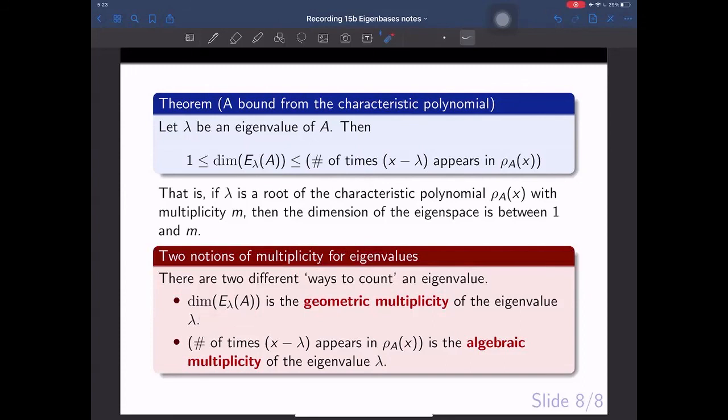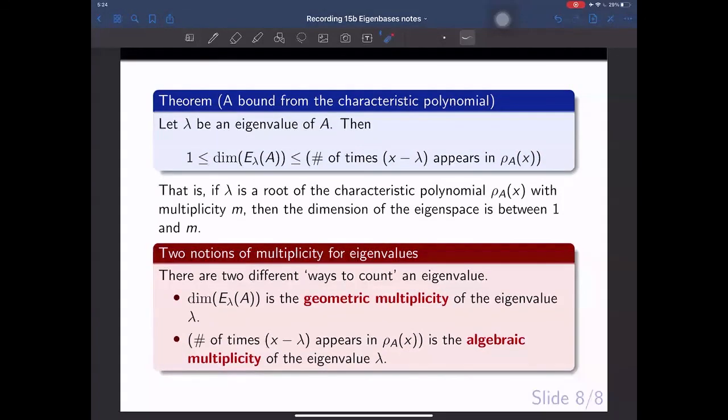We can also count eigenvalues by counting how many times x minus lambda appears in the characteristic polynomial. And this number is called the algebraic multiplicity. The connection between the two, the geometric multiplicity and algebraic multiplicity, is given here. So the geometric multiplicity is smaller or equal to the algebraic multiplicity and not the other way around.